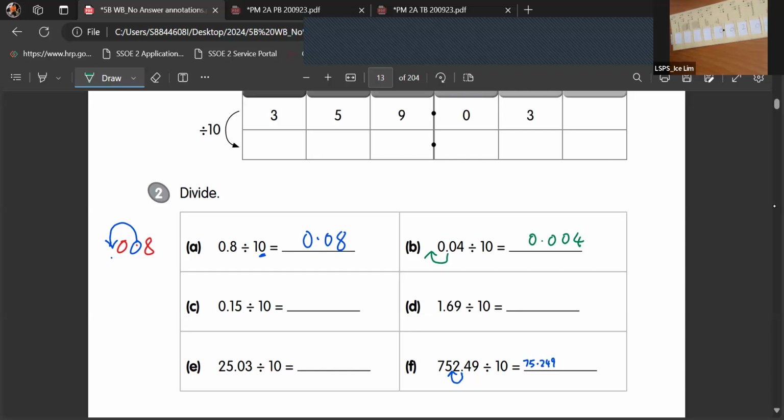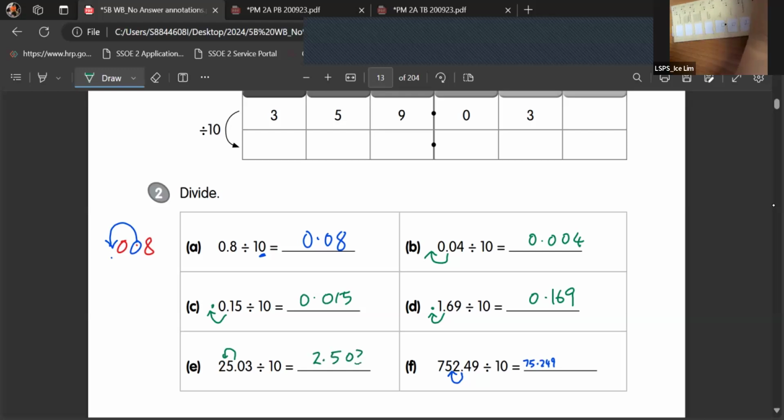So 0.004, 0.169, 0.015, 2.503. Personally, I prefer to draw the arrow at the bottom here, so it's easier to see the decimal point.